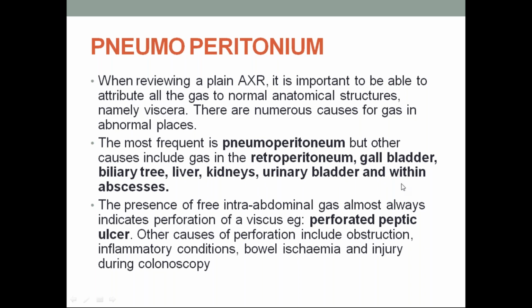Also within abscesses, such as an appendicular abscess or some pyelonephritis, you will see gas in abnormal places. The most frequent is pneumoperitoneum. Apart from that, we see it in the peritoneum, gallbladder, biliary tree, liver, kidneys, urinary bladder, and within abscesses also. The presence of free intra-abdominal gas almost always indicates perforation of a viscus.